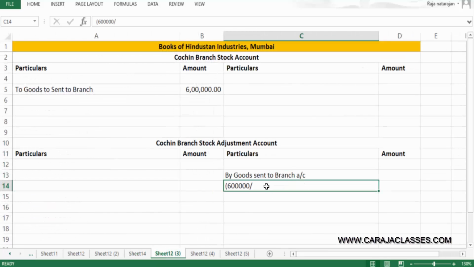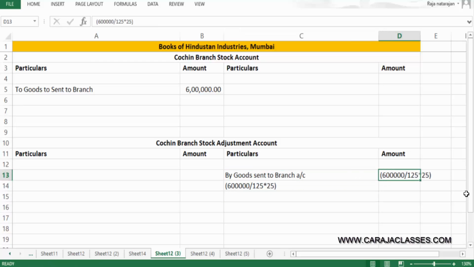So this includes profit of 25. So it is 600,000 divided by 125 multiplied by 25. Let me apply that here. So this 1,20,000 is the profit which is included in goods sent to branch of 600,000.